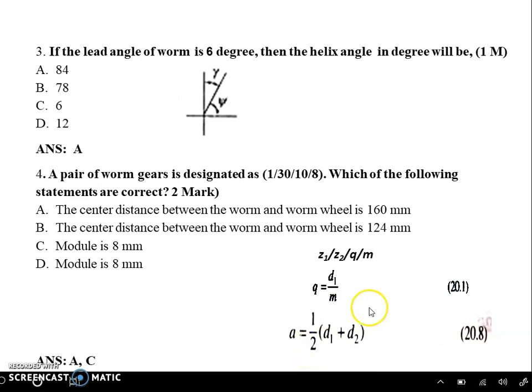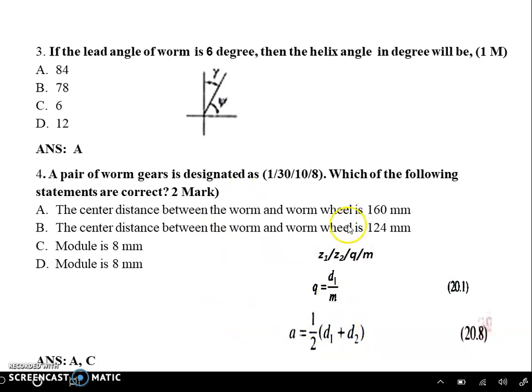And particularly D1 is equal to the product of Q into M. So product of Q into M, this will be D1. And D2, we know that in case of this module M we are considering D2 upon Z2. So M is equal to D2 upon Z2. So D2 is equal to M into Z2. So D1 is equal to M into Q and here it is M into Z2.